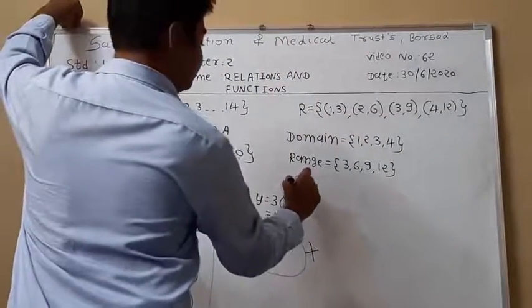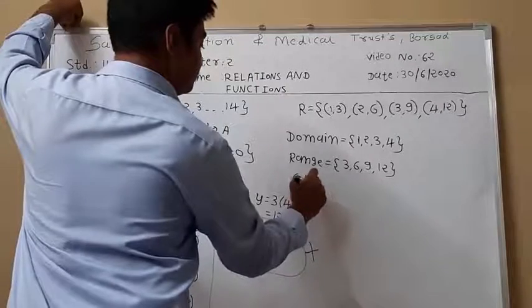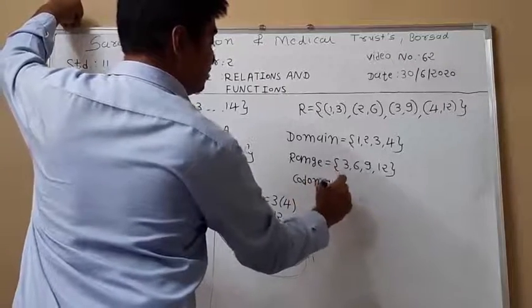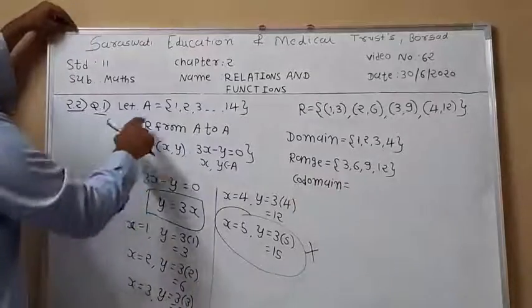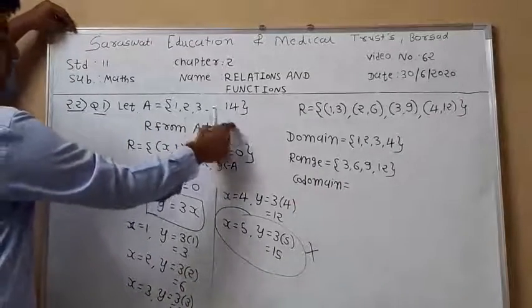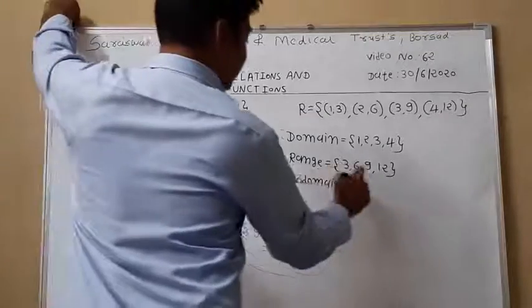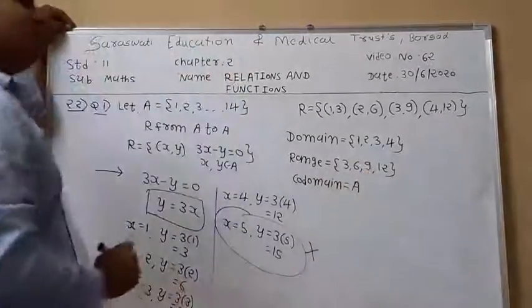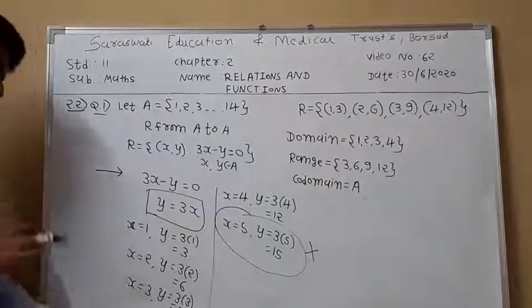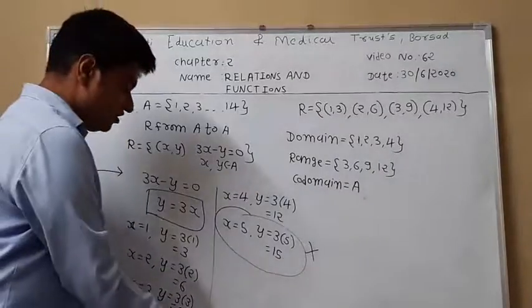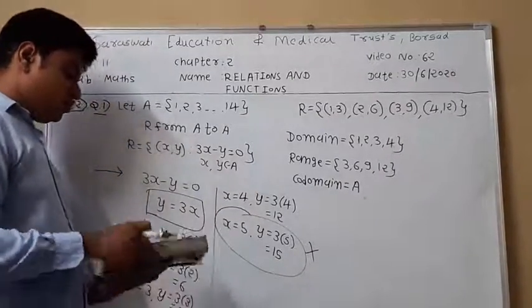And codomain is equal to all the elements of the second set. So here we can write set A. Clear? So domain, range and codomain we can find in this way. Now next question.